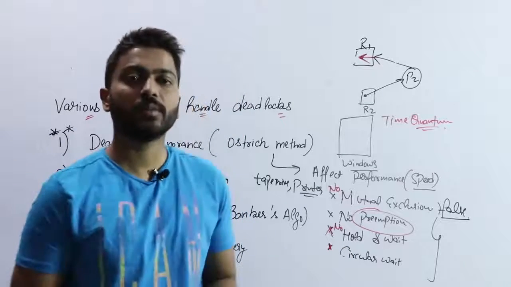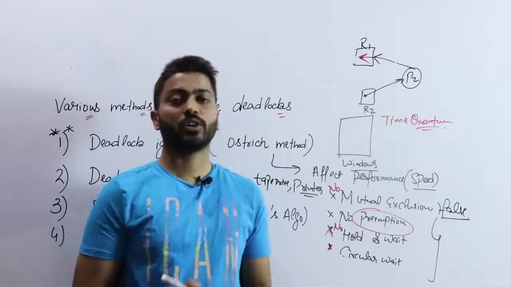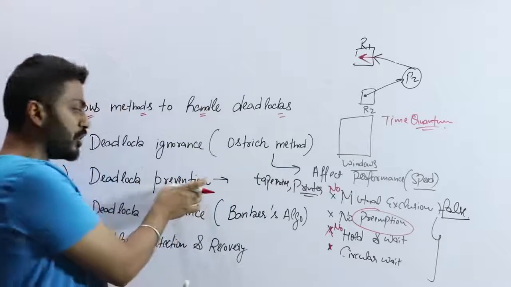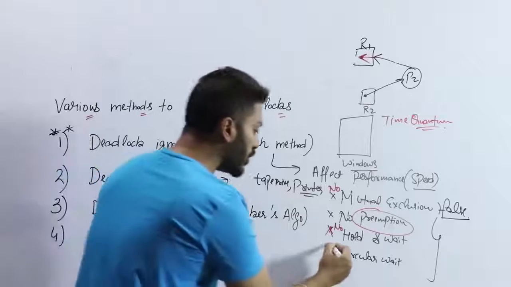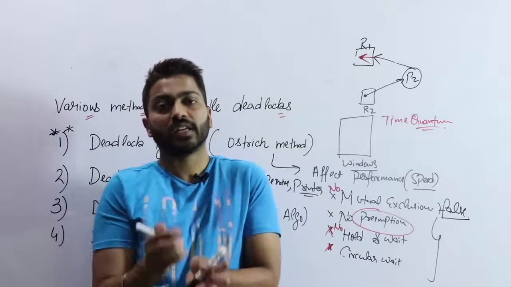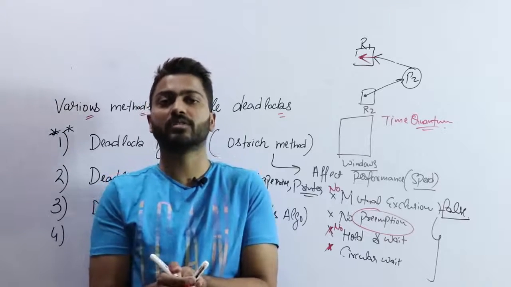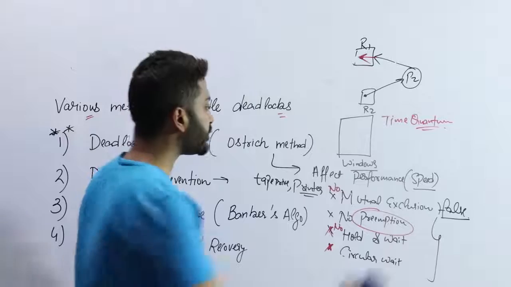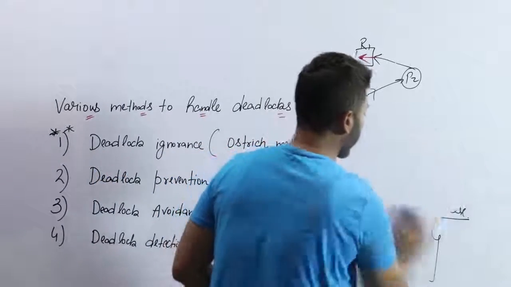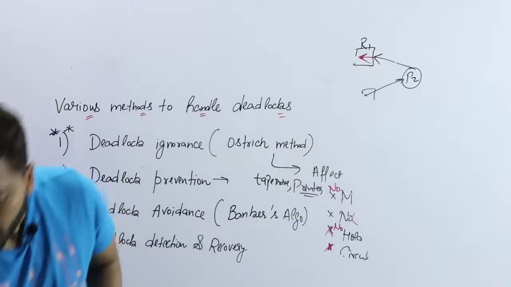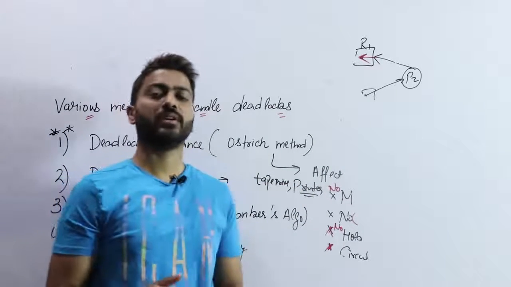Now the fourth one is circular wait. For deadlock there must be a circular wait. If we want the deadlock to be prevented, there should not be a circular wait, which means we are trying to remove the condition of circular wait from the system. So how are we trying to remove it? The simple method is, let's say I have lots of resources in my system.